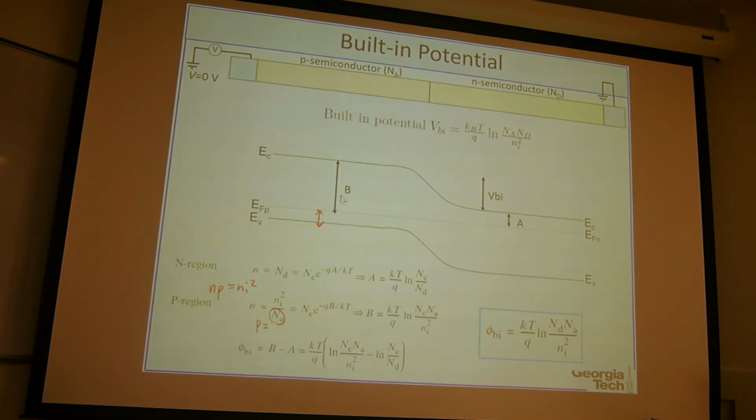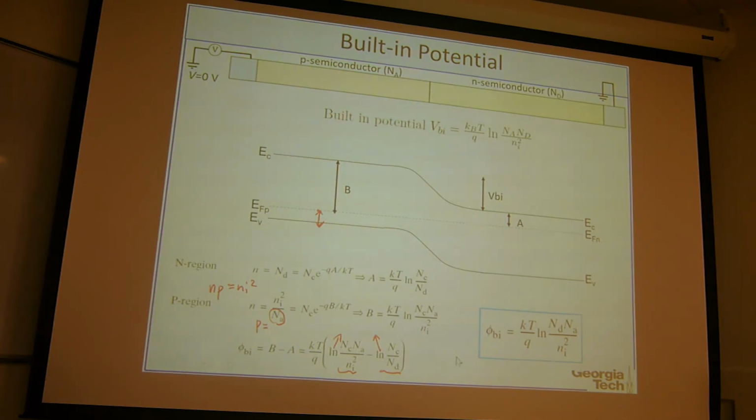Now you have B and A. The built-in barrier is just B minus A, so you will get this formula. When you have two log terms with a minus, if you take the log outside, those two terms will be divided, the first one divided by the second one.